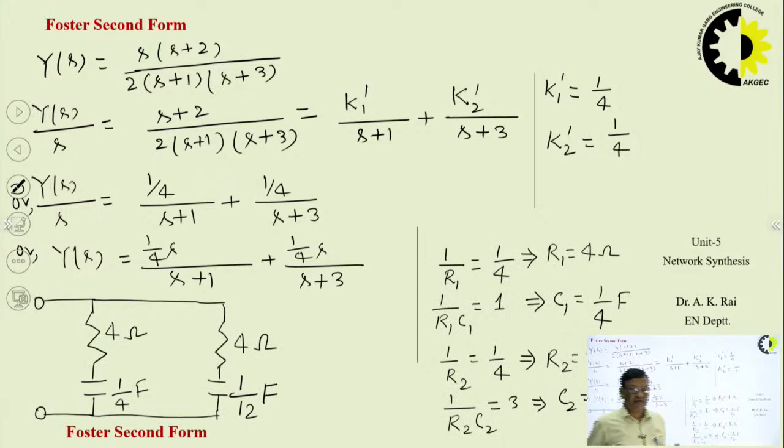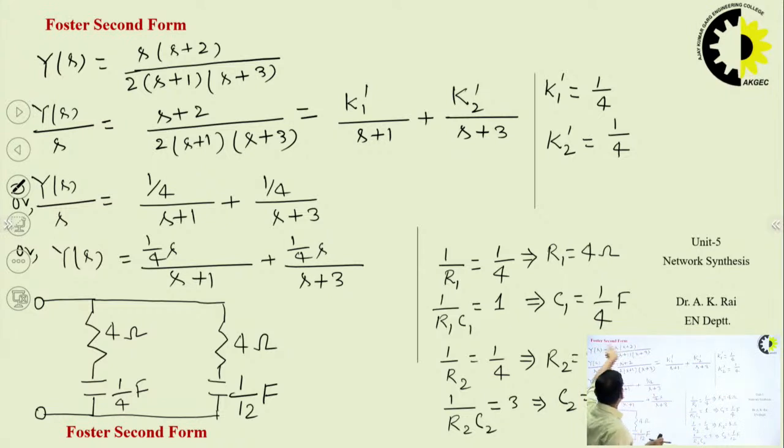So if you remember the property of YRC, RC admittance or RL impedance were the same. So in that case, for YRC, the residuals of poles are real and negative. So what we do, we just divide by S. Remember, if you divide by S it makes the coefficients real and positive.